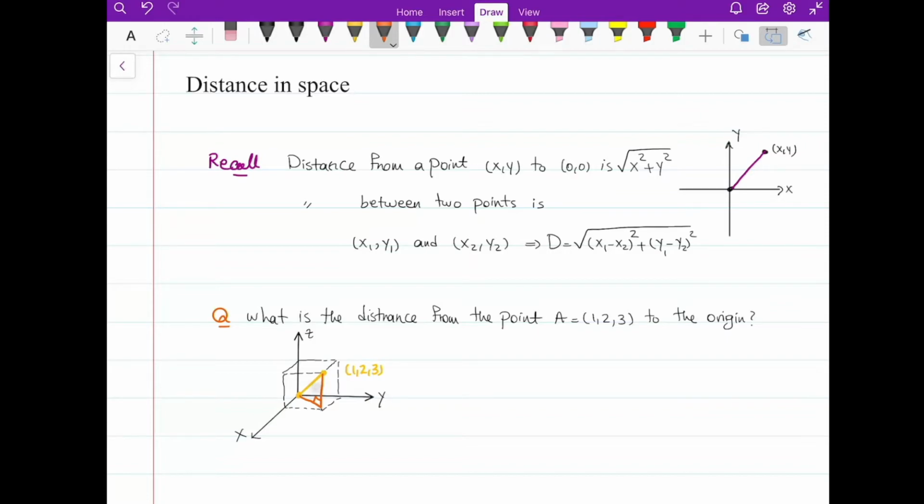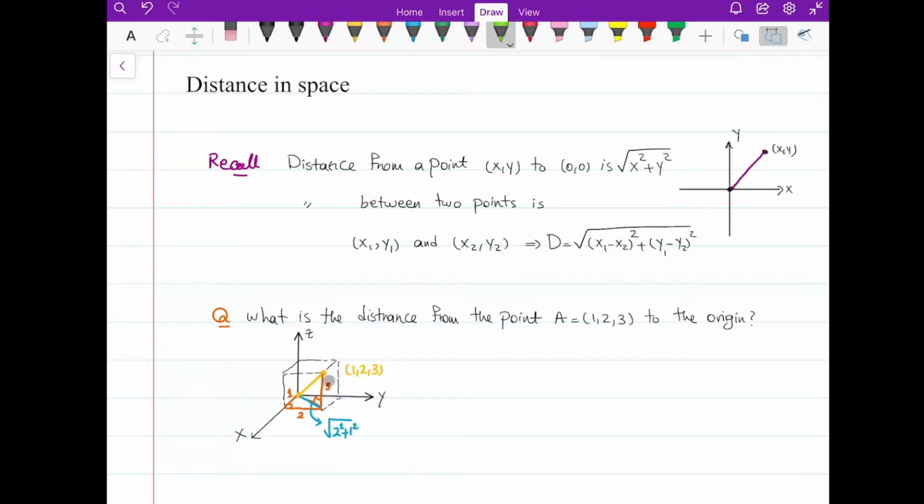In this right triangle, the length here would be the height of my point, which would be 3. And how about this side? I know that this is 1, and this is 2, and I have a right triangle in here. So if I'm looking for this, it would be square root of 2 squared plus 1 squared.